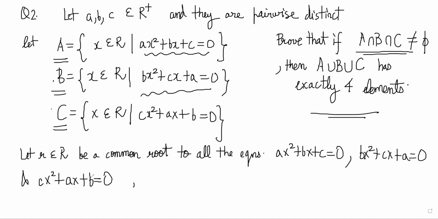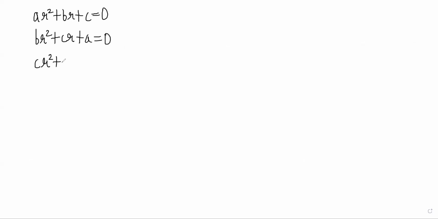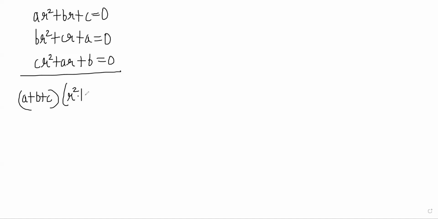Then obviously we will be able to write, let's write it on the next screen, ar squared plus br plus c equals 0, br squared plus cr plus a equals 0, cr squared plus ar plus b equals 0. This is true then. And if you add these three equations, you will get a plus b plus c common, and you will get r squared plus r plus 1 equals 0.